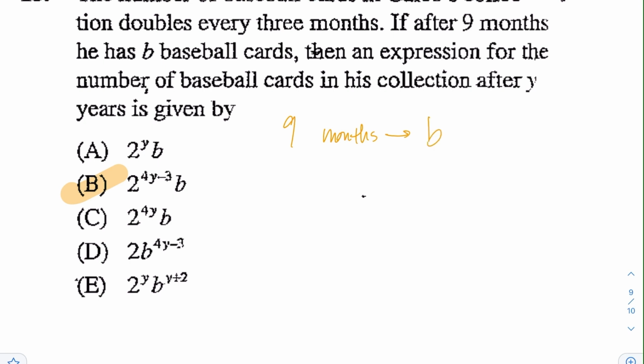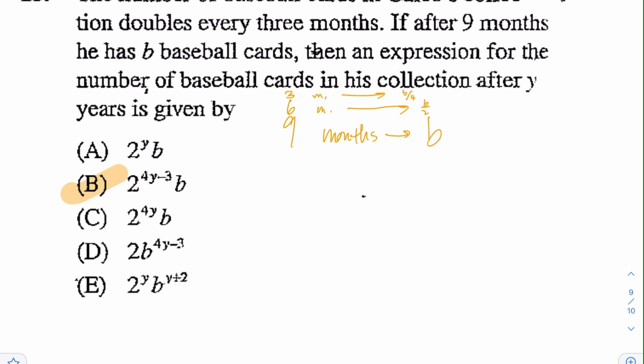So you can kind of work backwards. If you go backwards, for example, you have 6 months and then 3 months. 6 months, basically 3 months before, you'll have half of that, so that's B over 2. And then at the 3 month mark, you have B over 4.